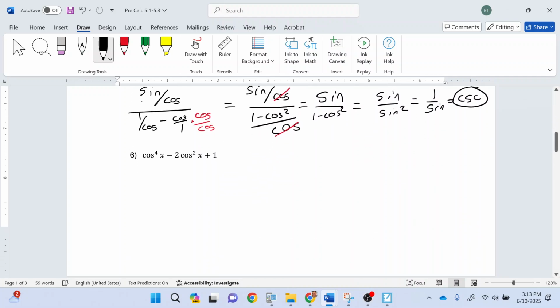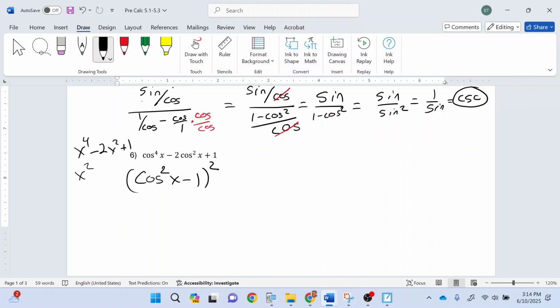This one, number 6: cosine to the 4th power minus 2 cosine squared plus 1. In this case, I need to factor. You could think of it as x to the 4th minus 2x squared plus 1. It's the same factoring. So it's going to be cosine squared x minus 1, all that squared, right?